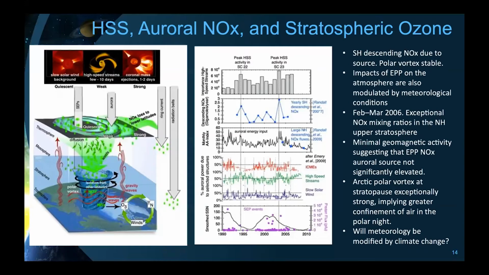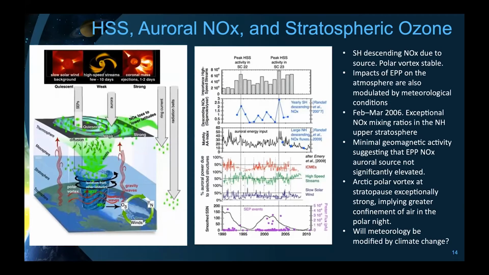And then the last interesting thing is that if you look over at that stack of plots there, the top plot gives you the number of high-speed streams. Below that is the descending NOx that's moving down into the polar vortex to interact with ozone. And you can see that the peaks in the descending NOx in the southern hemisphere are lining up with the high-speed stream activity.